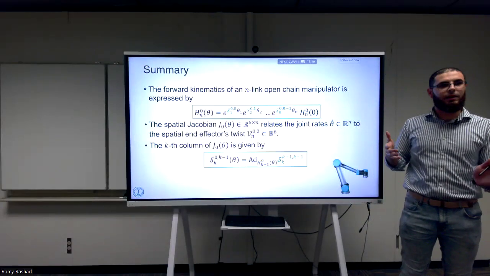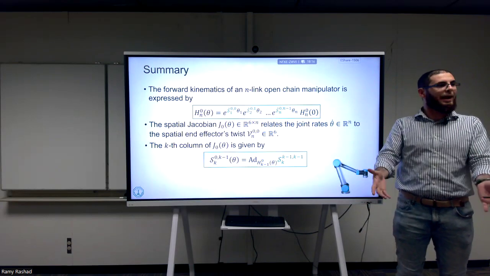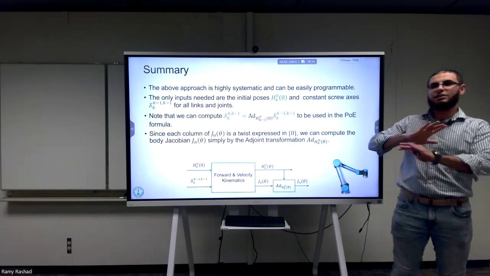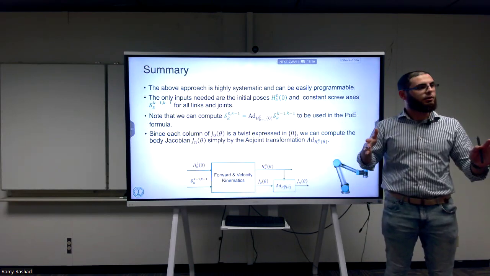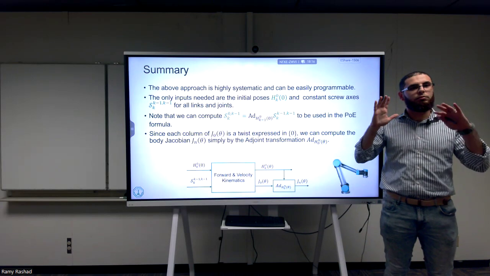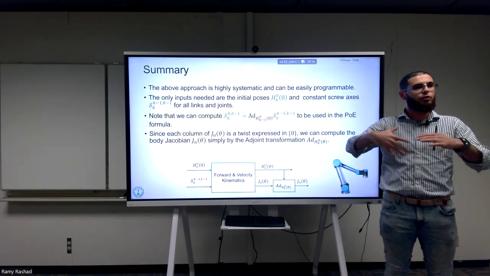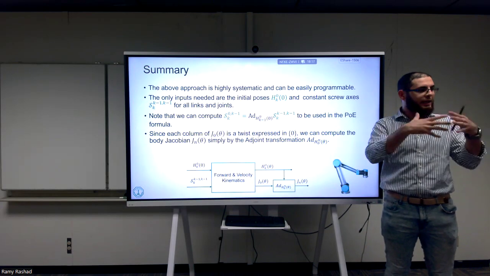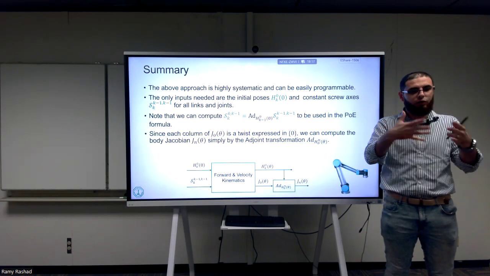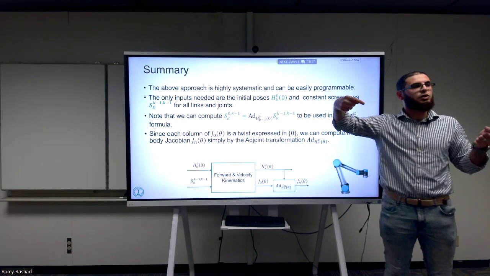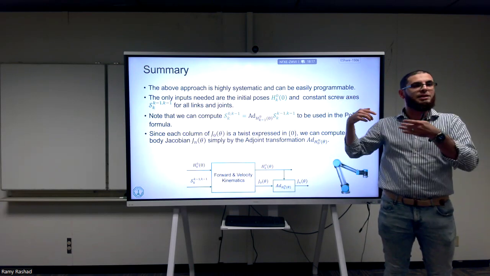Now, if you look at this from an implementation point of view, from an algorithmic point of view, what is it that we're doing? This is an extremely systematic approach. Okay? By systematic, I mean it's no-brainer. If you have a very complicated robot, you don't need to do any calculations in your mind. You just need to, as we did in the example, define what the screw axes are, seen from the 0 frame.